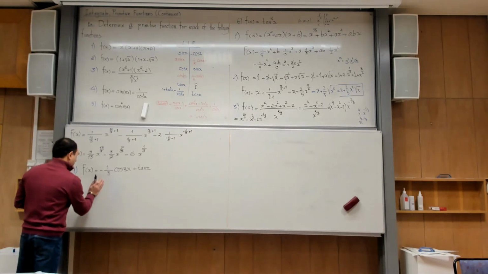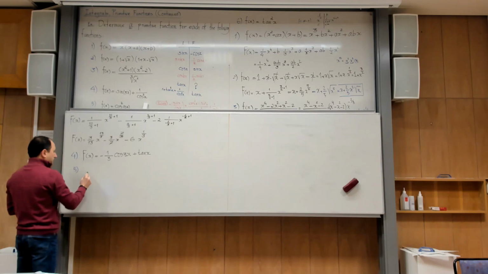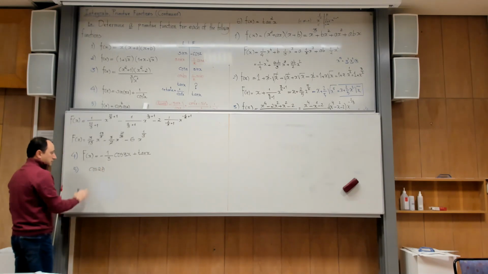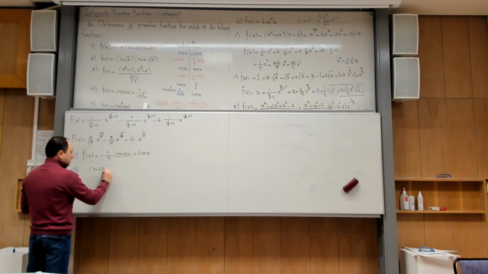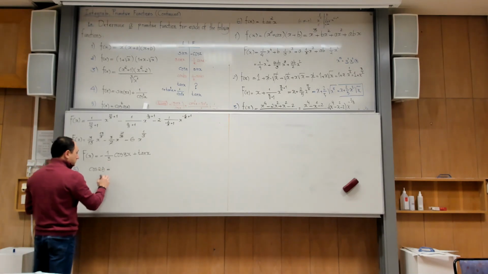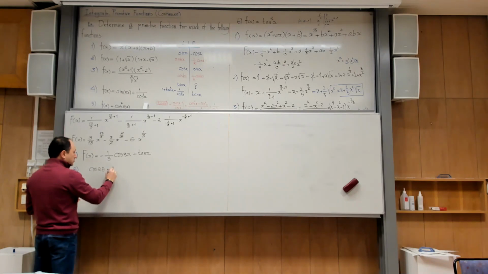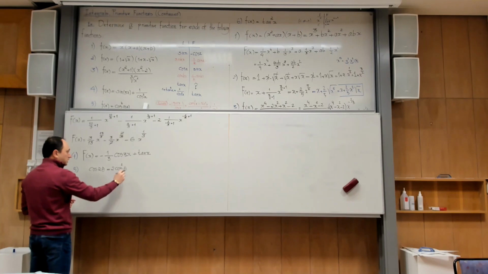You need to use these formulas. So let me rewrite it for you here. If I have cosine of 2 theta, the double angle formula, there are 3 formulas for that, yes? 2 of them are important in this context. One of them is 2 cosine squared theta minus 1.